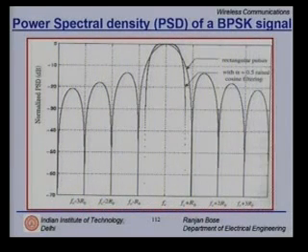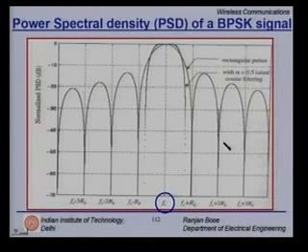So here graphically we have the power spectral density of a BPSK signal. Please note that there is a main lobe and there are side lobes. The main lobe is centered at fc and the nulls are at fc plus Rb, fc plus 2Rb and so on.